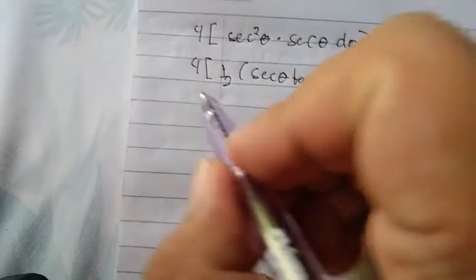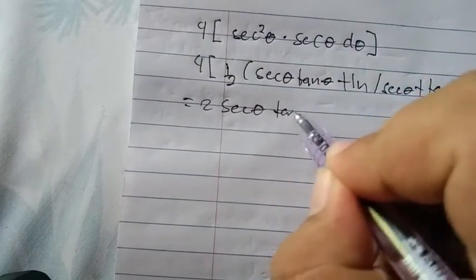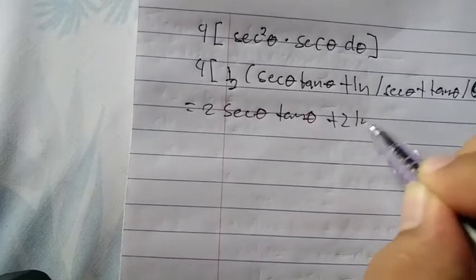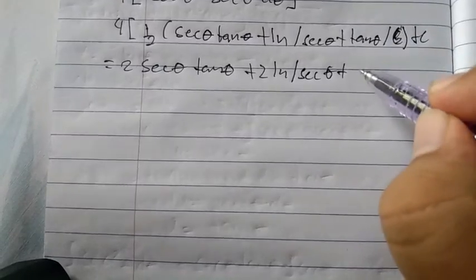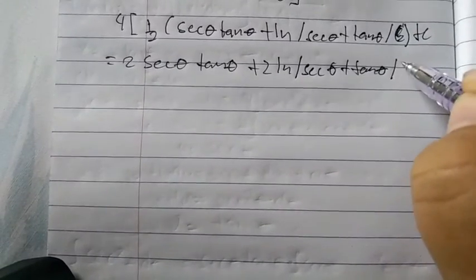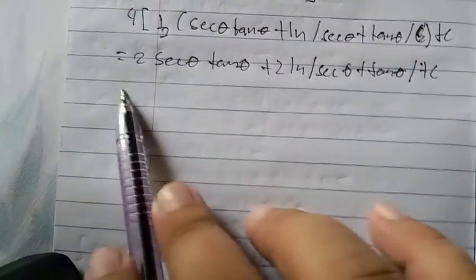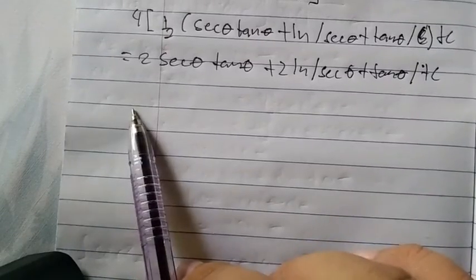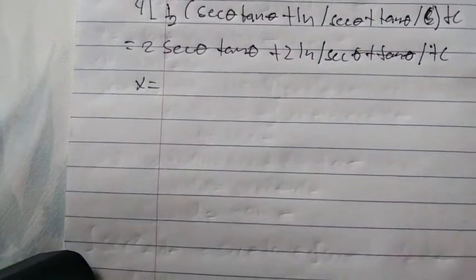Then we're going to simplify it by doing this. This will be 2 sec theta tan theta plus 2 ln sec theta plus tan theta plus c. Then we're going to get again the x. The x here will be x equals 2 tan theta.